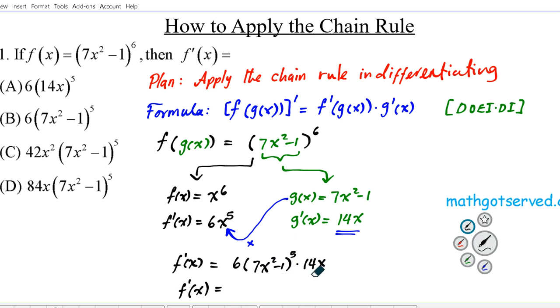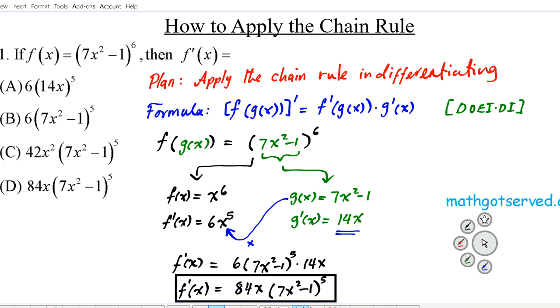So 14x times 6, that's 60 plus 24, that's 84. So we have 84x times the quantity 7x squared minus 1 raised to the 5th power as the answer to question number 1. So the answer to question 1 is option letter D.